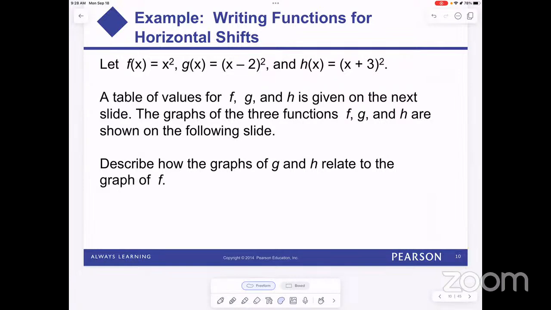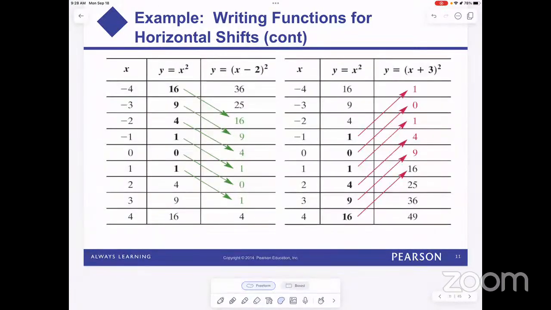So basically, we're going to make a table of values again. So we have our x, our f of x, our g of x, and our h of x, right? When we subtract the positive on the inside, instead of causing a vertical change, it's going to cause a horizontal change.